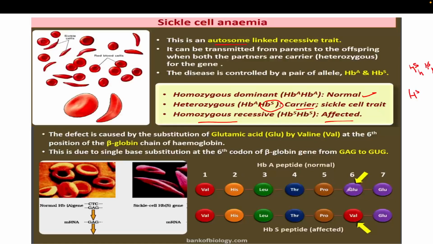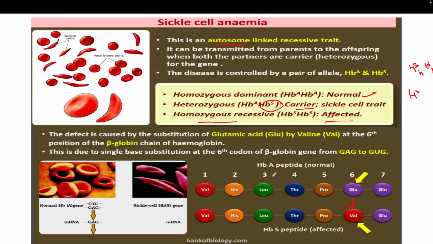On the 6th position, glutamic acid is changed to valine. Remember, in some exams it has been asked which position changes in sickle cell anemia. It is the 6th position where glutamic acid changes to valine.